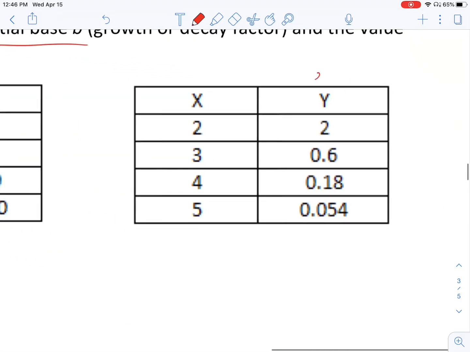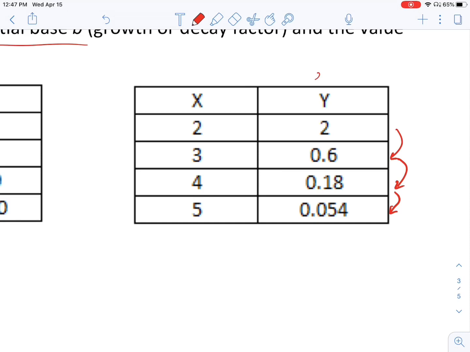What if things aren't so simple, though? Like this third table. In this third table, I'm not told the y value whenever x is 0, so I'm going to have to use some different method to figure out what the a value is. I'm going to have to do that as well with the b value because I can't easily think, what do I multiply 2 by to get 0.6? So what if I thought about it backwards?